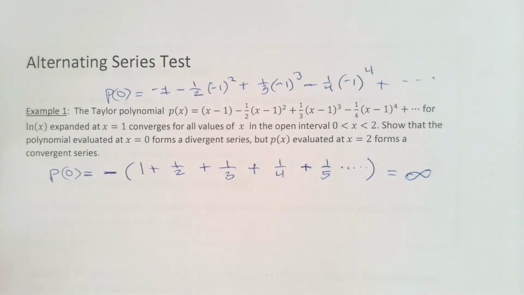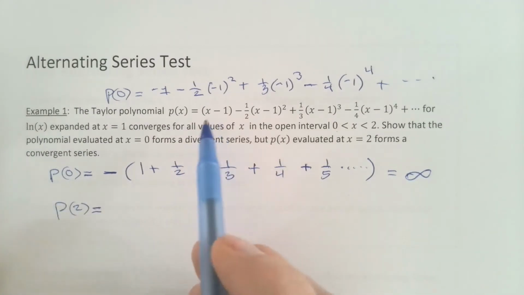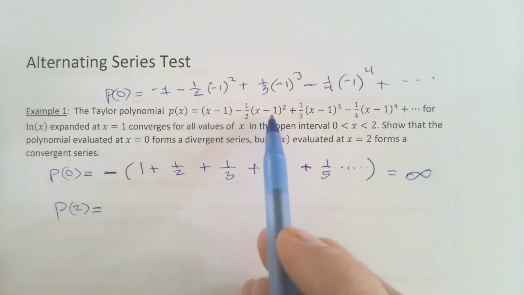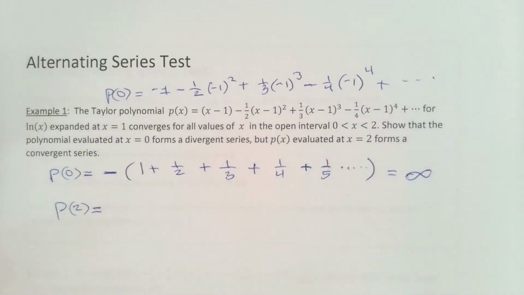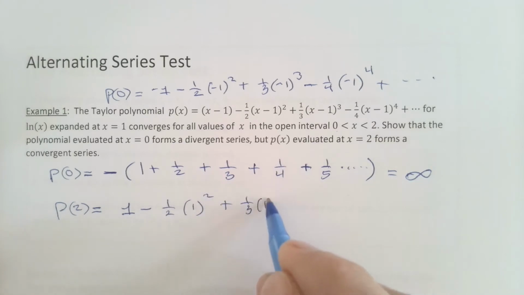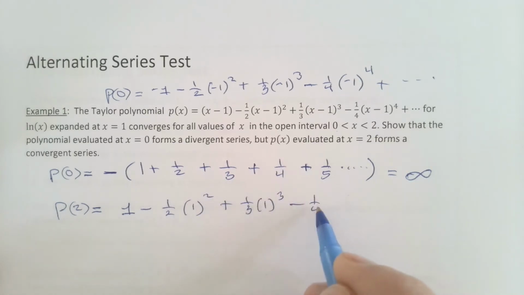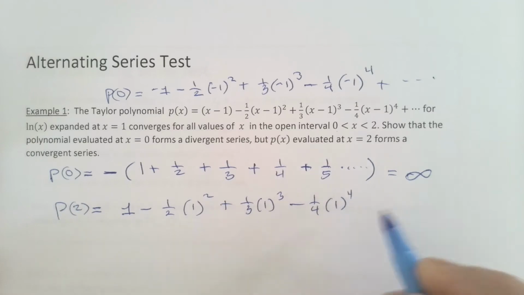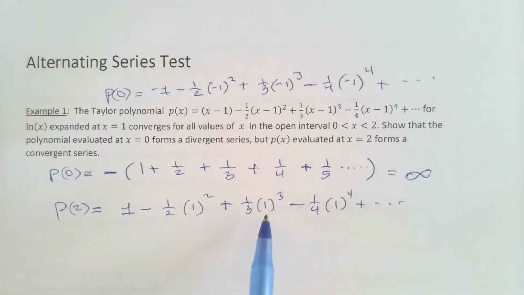What would happen instead of plugging in 0? What if we plugged in 2? So let's take a look at that for a second here. All these binomials with 2 for x will be 2 minus 1, 2 minus 1, 2 minus 1, and of course those all equal 1. So I'll write down what that looks like. It's 1 minus 1/2 times 1 squared plus 1/3 times 1 cubed minus 1/4 times 1 to the 4th, etc. And these powers of 1 are not consequential, are they?